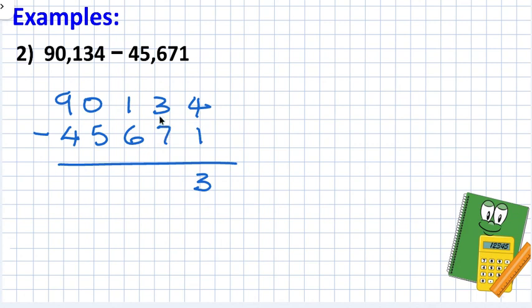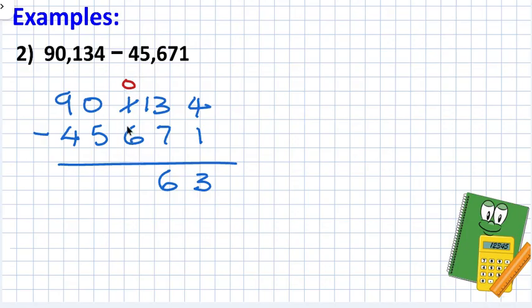So the second column, we have 3 minus 7. 7 is bigger than 3, so we need to borrow. So we borrow 1 from this 1. When we borrow from 1, this 1 becomes 0. So we take the one we borrowed to this 3. So this 3 becomes 13. So we have 13 minus 7. 13 minus 7 will give us 6.